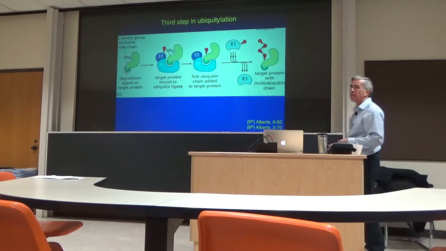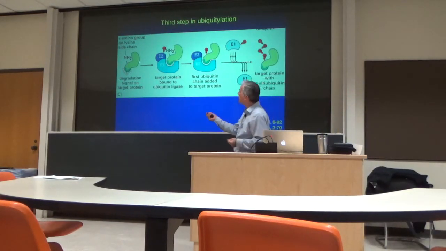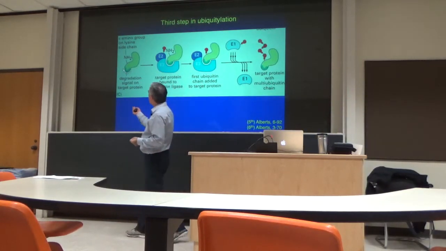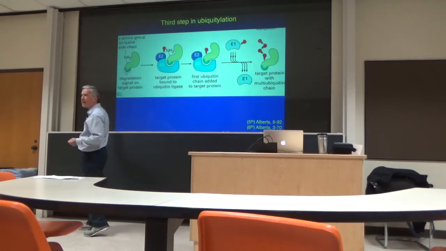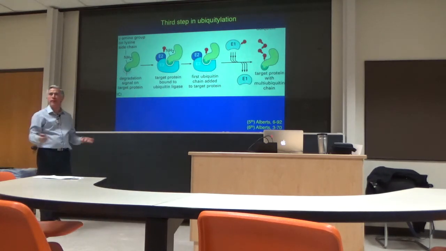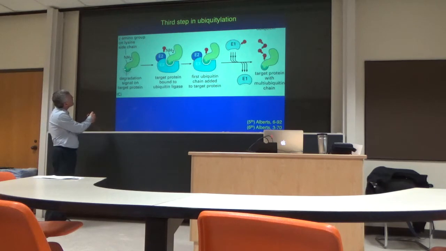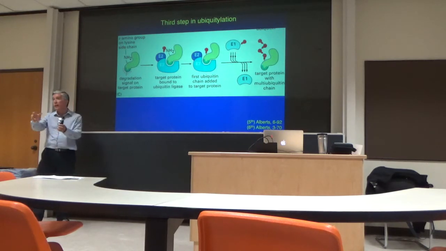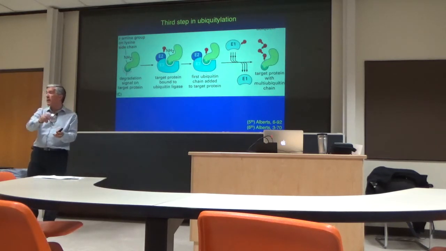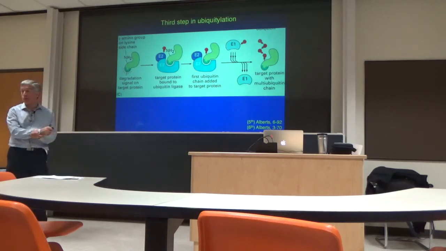So here we have the example. We have a target protein that has, perhaps, a hydrophobic patch. Let's just say that, right? The nature has a hydrophobic patch that couldn't be folded by HSP70, and this E3 recognizes that, so it binds to it and brings the protein close to E2, so E2 can reach any nearby lysine amino acid.